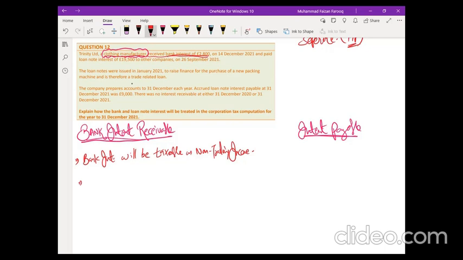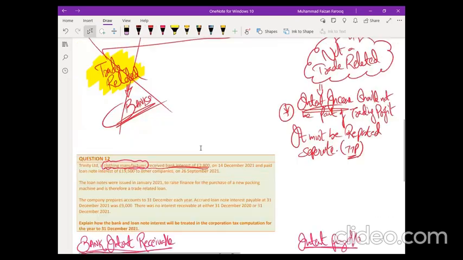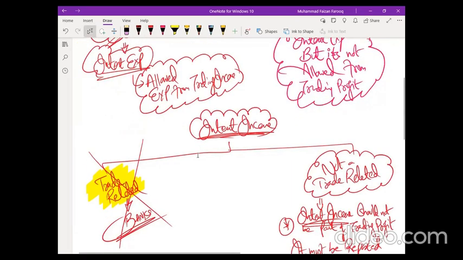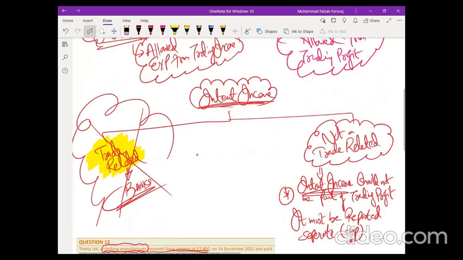What is the reason why the bank is giving you interest? Because you have money in the bank, right or wrong? Interest income as trade related is not a part of our course. Whatever interest we are going to receive will always be a non-trade related activity. Got it?